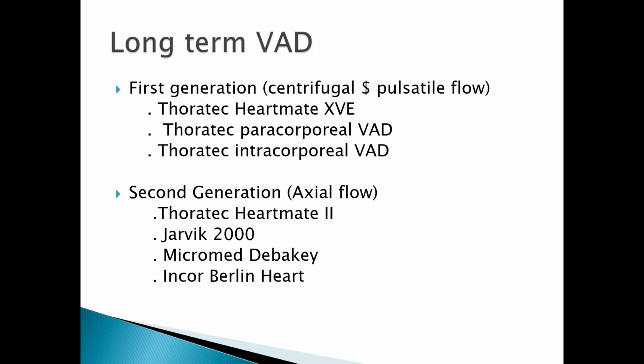But the second generation, which gave rise to a better machine, makes use of the axial flow, and amongst them is the Thoratec HeartMate 2. This HeartMate 2 is, for now, the FDA approved ventricular assist device for bridge to transplantation. We also have the Jarvik 2000, the MicroMed DeBakey, and the Incor Berlin Heart.